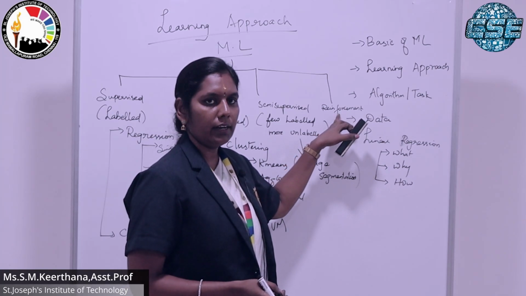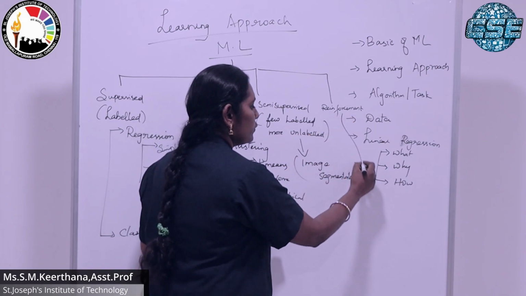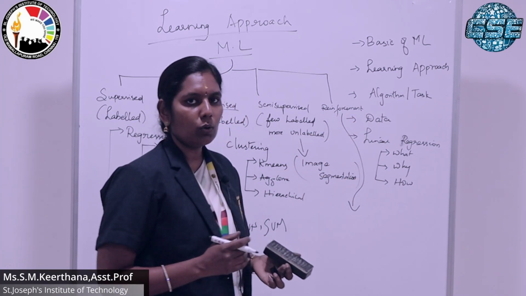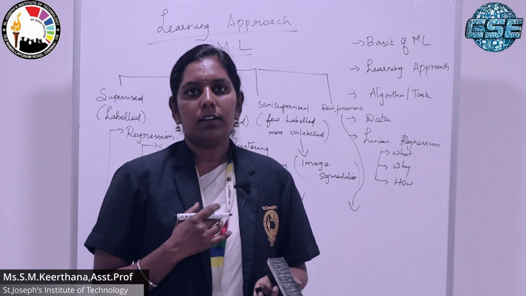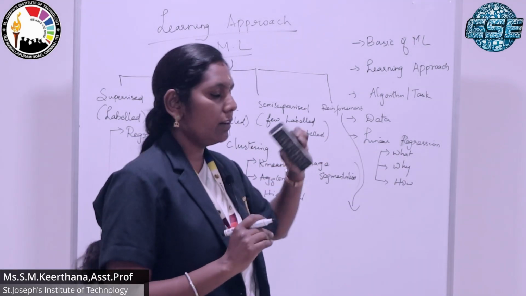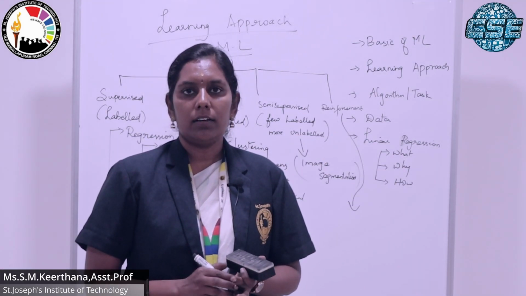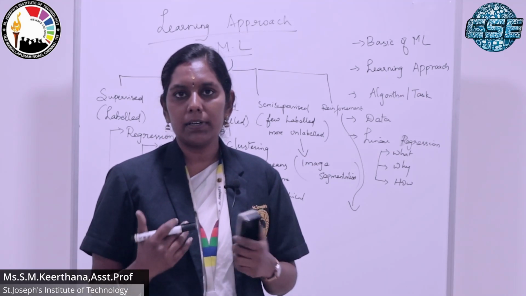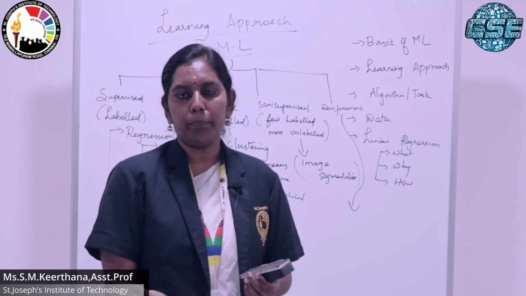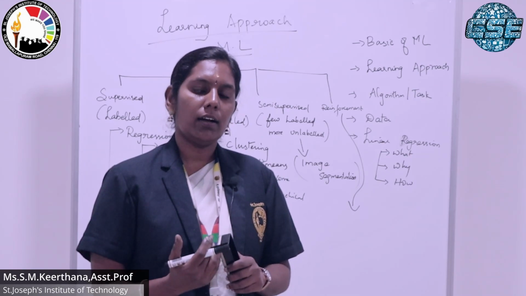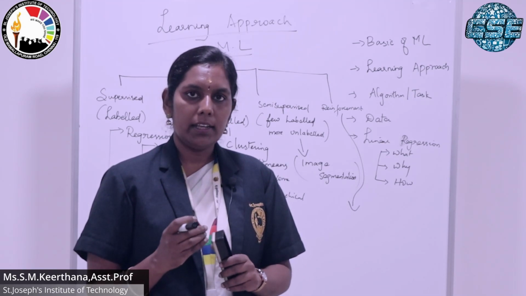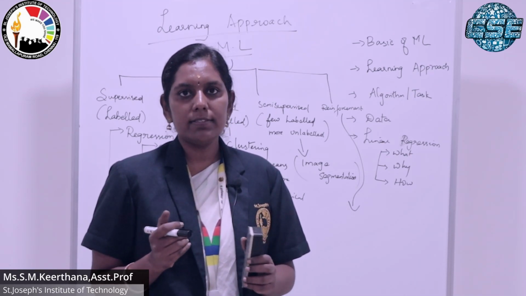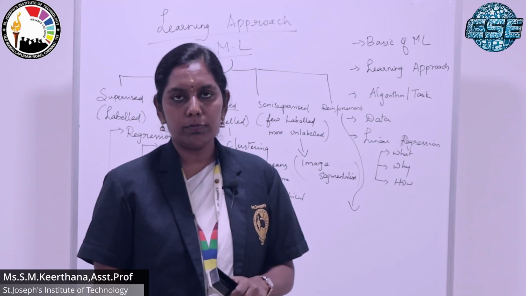Next, coming to the reinforcement algorithm. We all could have come across this type of algorithm at least once. We could have played some games on the computer where, when we didn't get a person to play with, we could play against the computer. How they could have trained the computer is that during the training, if the computer gives a correct move, they give a reward to the computer.